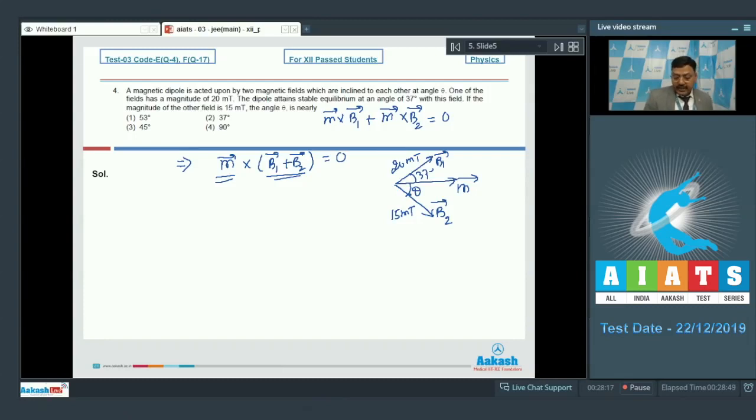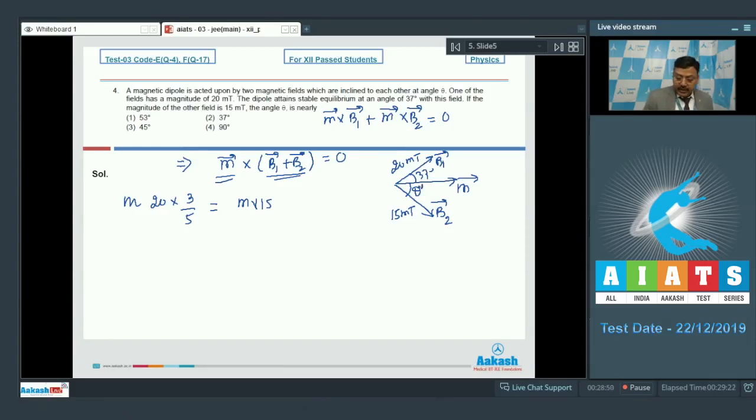Then what we have is, we just equate the magnitudes of the two torques, and what we get is M into 20 millitesla, and sine 37 degree is close to 3 by 5 is equal to M into 15 into sine. Well, we can't call it theta because theta is the angle between B1 and B2. So we can call it, let's say, theta dash.